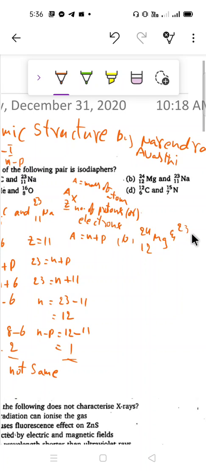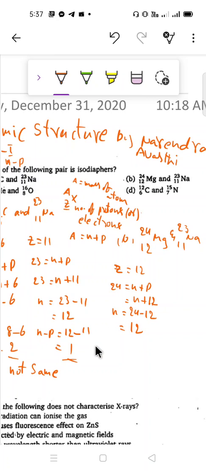For magnesium, Z is equal to 12, and 24 is equal to N plus 12, so N is equal to 24 minus 12, which is 12.